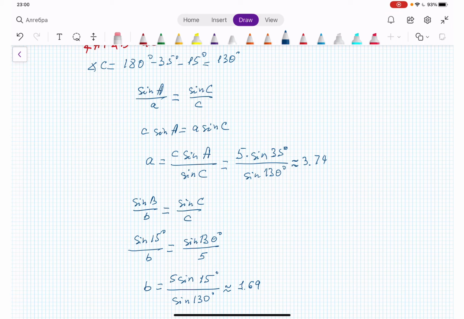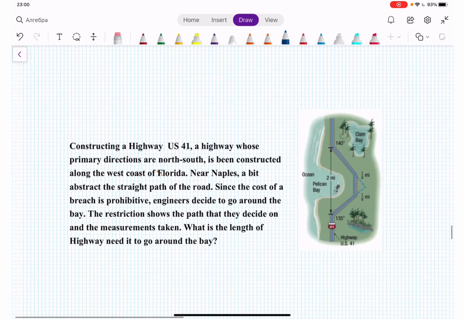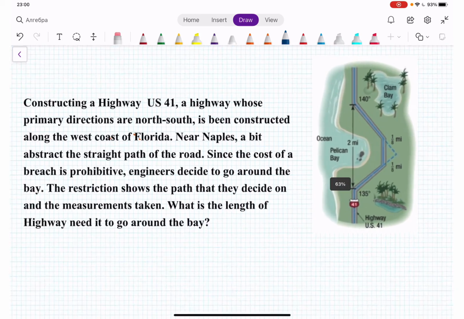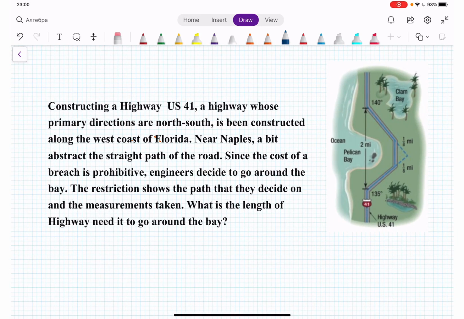Okay, now let's apply this sine law to a real life problem. Here is the picture and the problem. So what do we have? Constructing a highway, US 41, a highway whose primary directions are north-south, is being constructed along the west coast of Florida. Near Naples, a bay obstructs the straight path of the road, and since the cost of a bridge is prohibitive, engineers decide to go around that bay.